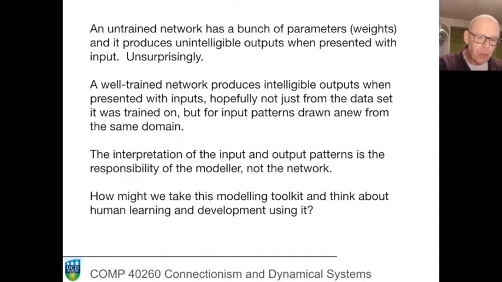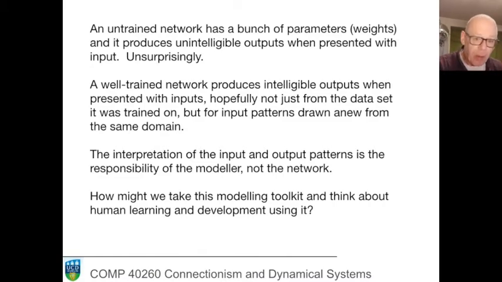Furthermore, it's usually hoped that the outputs will generalize so that if an input is drawn from the same domain that was not used in training, the output will still make sense in the same way that it makes sense for those patterns on which it was trained.